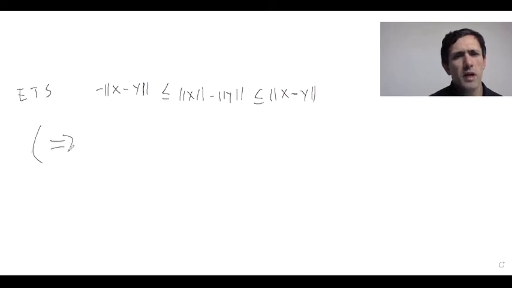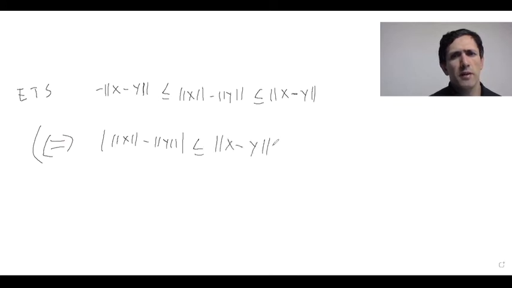Even though it's a semi-norm we're dealing with, it's quicker to say norm. This is actually equivalent to exactly the reverse triangle inequality: the absolute value of the norm of x minus the norm of y is less than or equal to the norm of x minus y.